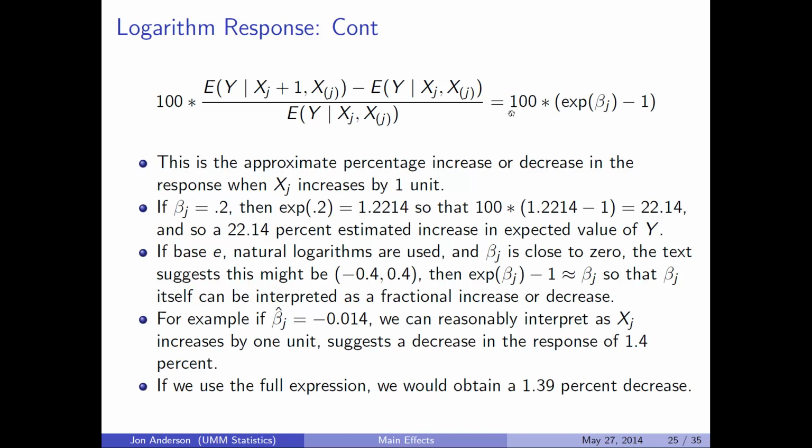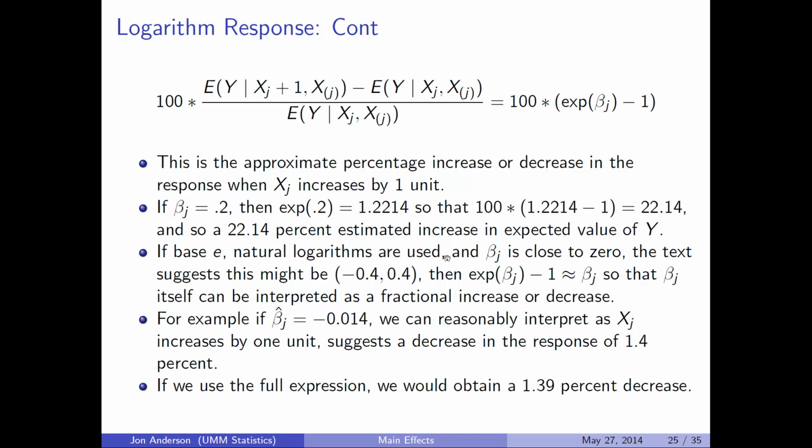It's going to go something like this. For example, if beta j was 0.2, then e to the 0.2 would be 1.2214, and if you plug that in right here, you get 100 times 1.2214 minus 1, and that's a 22.14% increase in the response, or the expected response, for one more unit of xj. So you can interpret that in terms of a percentage increase in the response.